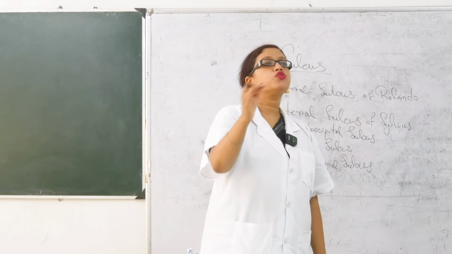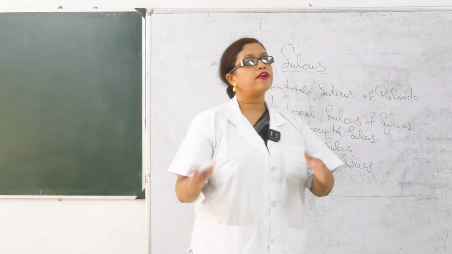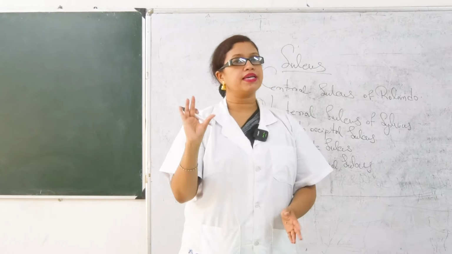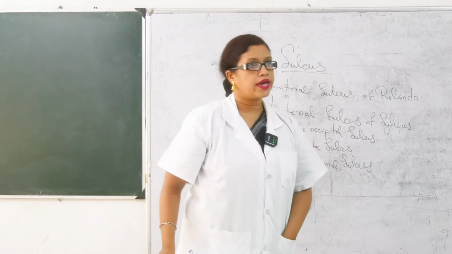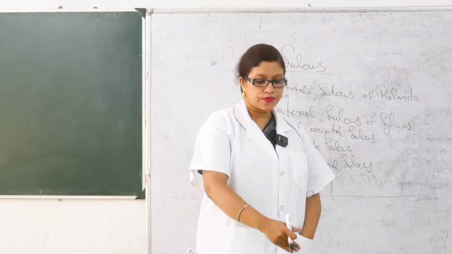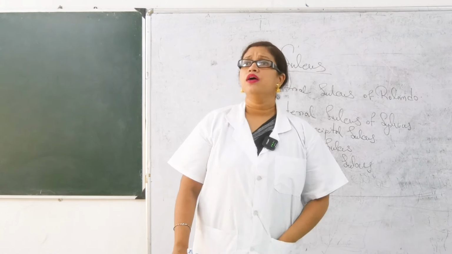Now from the superior aspect, what things will you get? Write it down. I will tell about every surface. First, on the inferior surface you get these things. In the superior aspect, tell me, if you are seeing the superior surface, which things will you get?